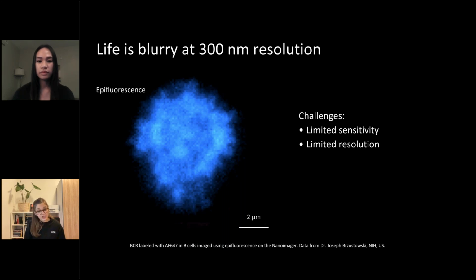With conventional fluorescence microscopy, such as epifluorescence, yes, we can detect our cell. We can conclude this is our cell, it's roundish, it has some intensity, so it's probably our signal. But we are very limited in really identifying nanoscale features, and we can also be limited in sensitivity when our labeling or our signal is very low.